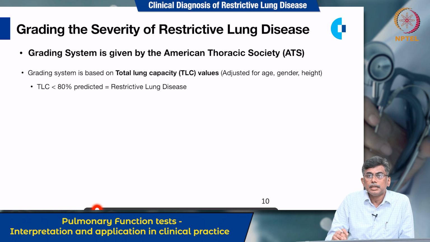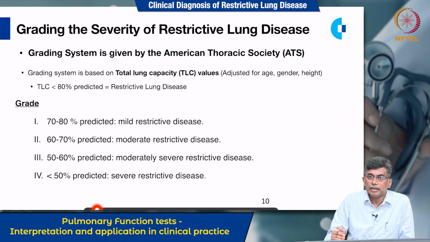It says the total lung capacity has to be less than 80% to call it a restrictive lung disease, and it can be graded into grade 1, where the total lung capacity is 70 to 80% predicted, grade 2, 60 to 70% predicted, grade 3, 50 to 60% predicted, and grade 4, which is severe restrictive lung disease, where the total lung capacity is less than 50% of predicted.